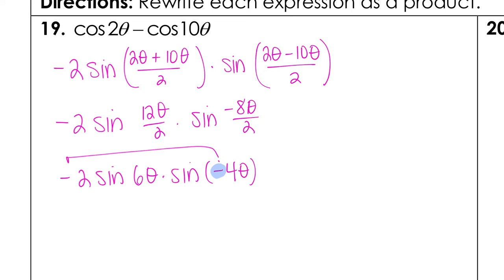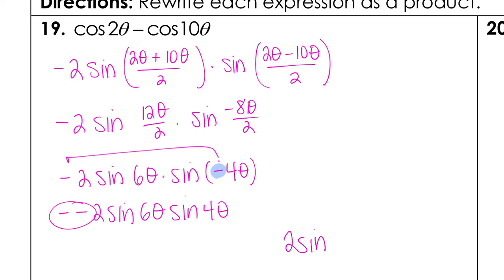So this is going to be -2 sine 6 theta sine 4 theta. And since there's double negative, it turns to a positive. So really, it's just 2 sine 6 theta sine 4 theta. It's positive, so we don't need a symbol in the front.